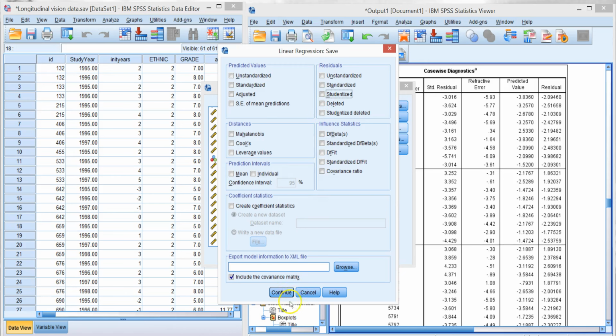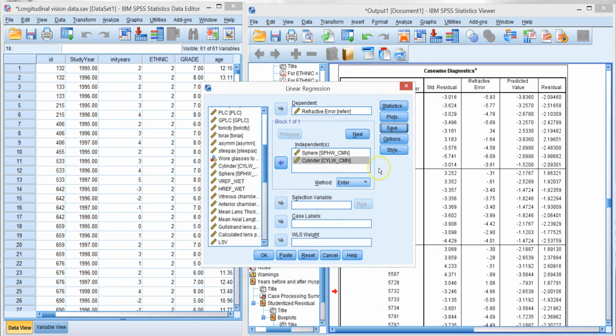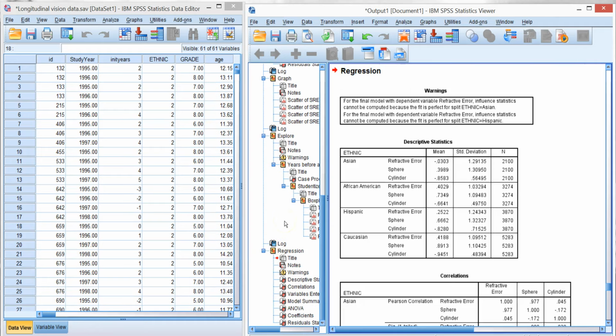We won't worry about residuals. So let's see what we get. Now we probably should have plotted this first, but that's okay.